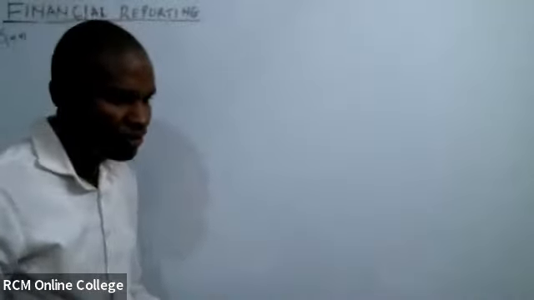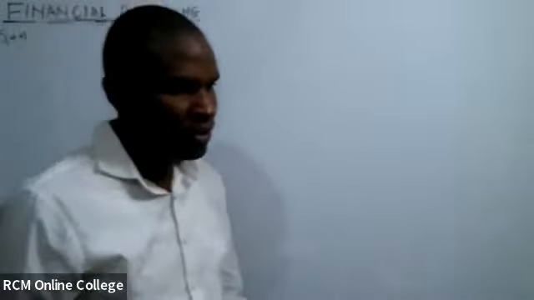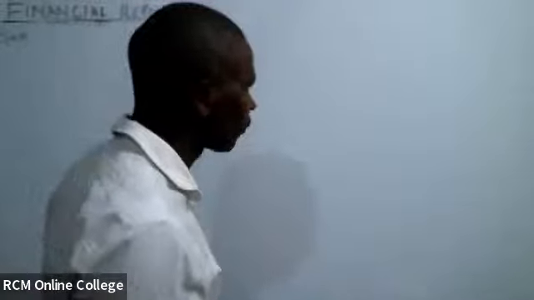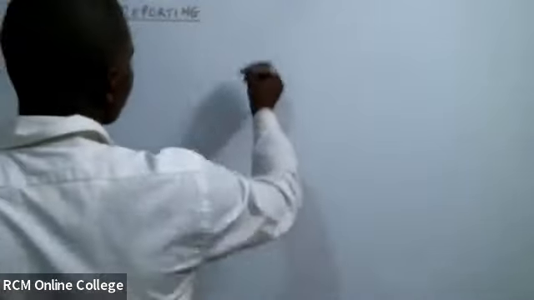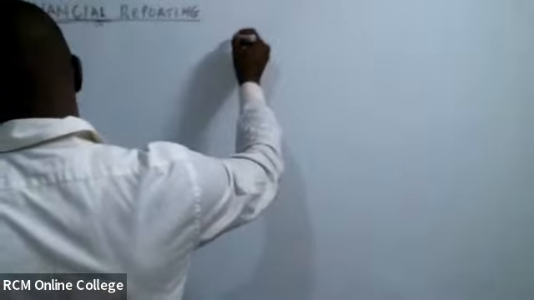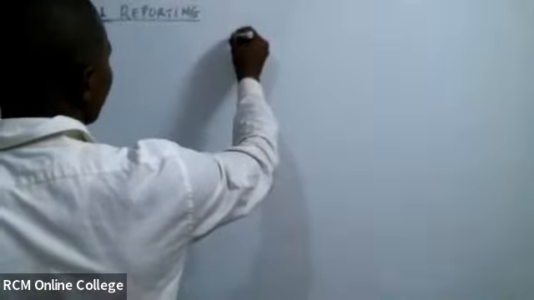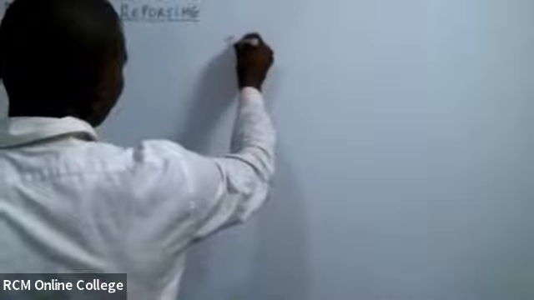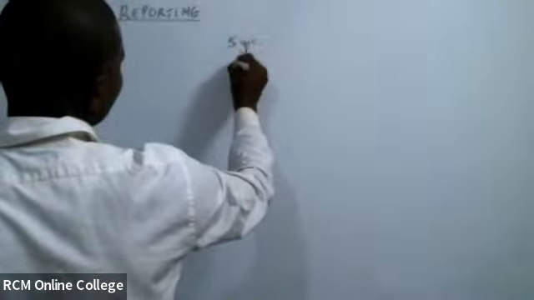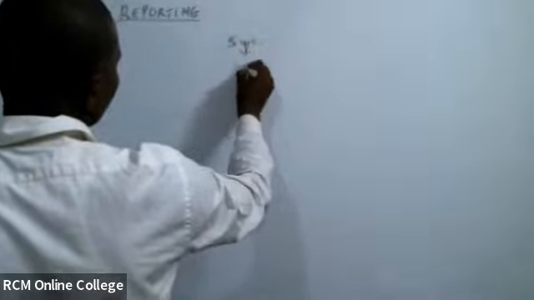For the interest of time, this is a finance lease. You see, the useful life of this item is 5 years, and this person is leasing for 3 years.